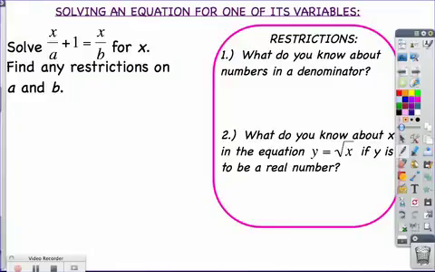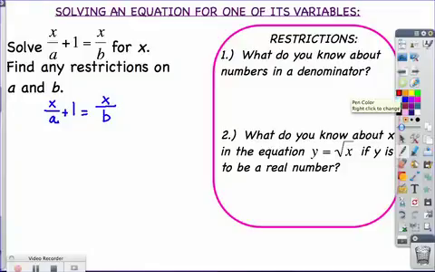Now I need to get all the x's on one side, since that's what I'm trying to isolate. So I subtract bx from both sides. ab equals ax minus bx. Since I'm trying to isolate x, I need only one of them.